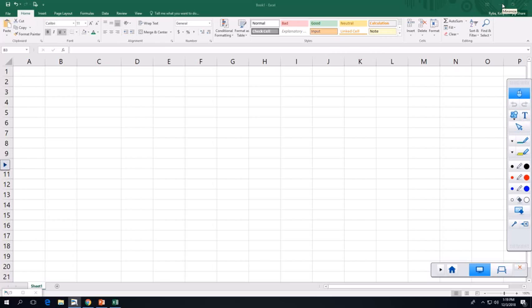Now, to populate the cells, if I just want to put words in there, like giving a label to a column, for instance, I'm going to put variables. I can just click in there, start typing, hit enter, and it populates. I can also put numbers in. So let's say 12. I enter that number and hit enter and it's populated into that cell.